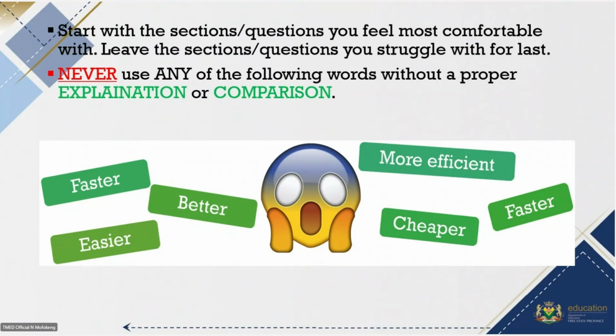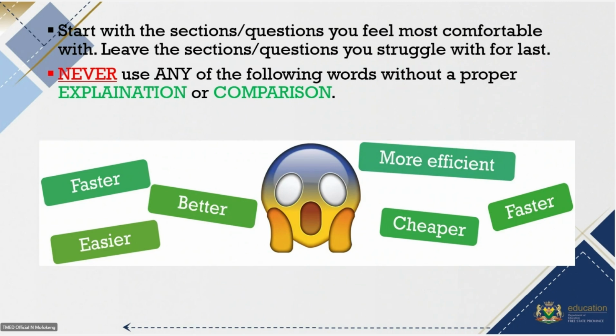You can actually start with any question and any section, as long as you have clearly indicated that this is question 4, this is question 5, this is question 6. Then you can start with the one that you feel most comfortable with, the one that you know you're going to collect most of the marks from.